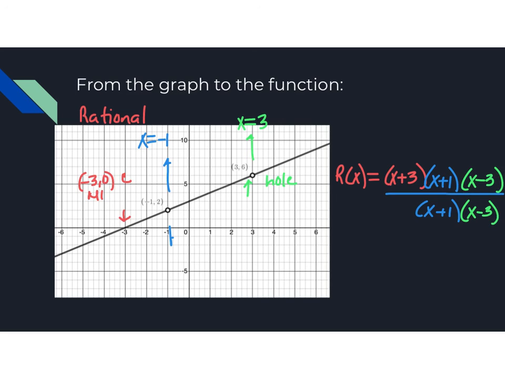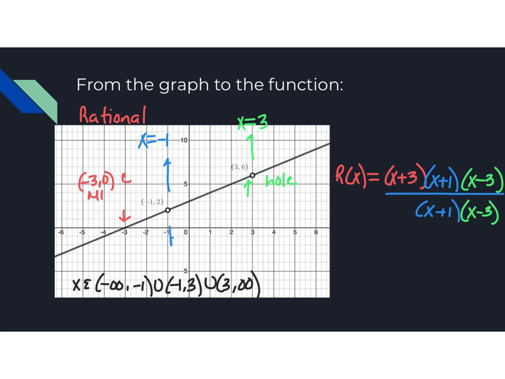If I was to write out my domain, I would have to remove -1 and 3 from the domain. So your domain would be -infinity to -1, -1 to 3, and then in union with 3 to infinity. So it's all real numbers for that continuous linear function, except for -1 and 3.